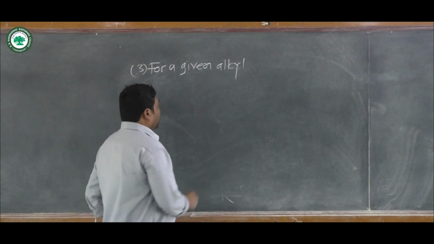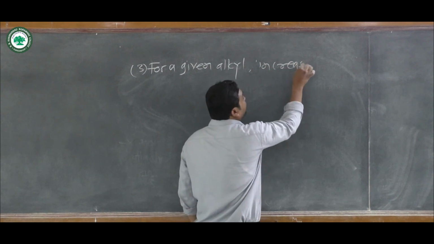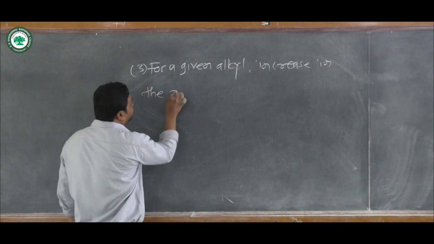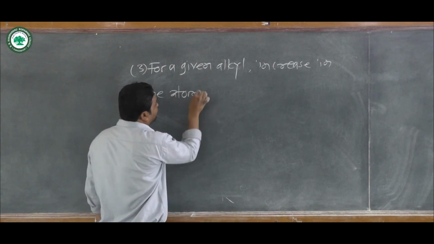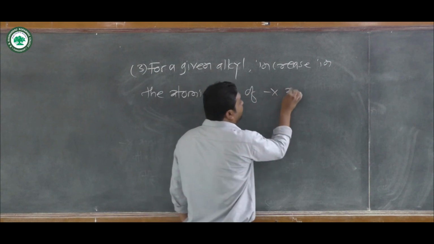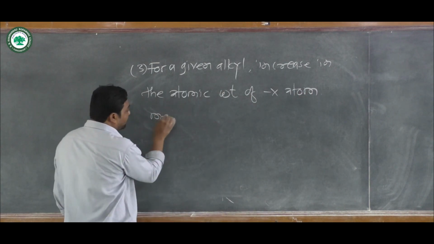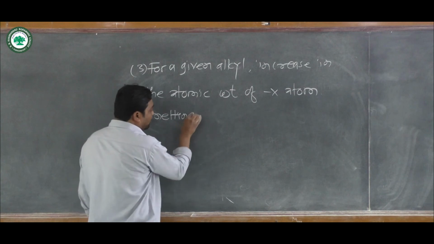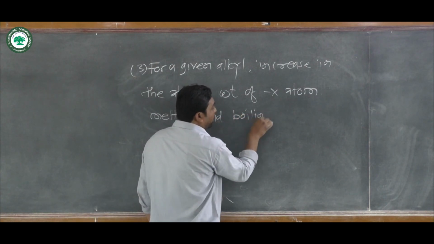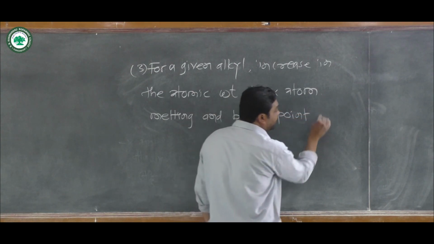For a given alkyl group, increase in the atomic weight of halogen atom, melting and boiling point increases.